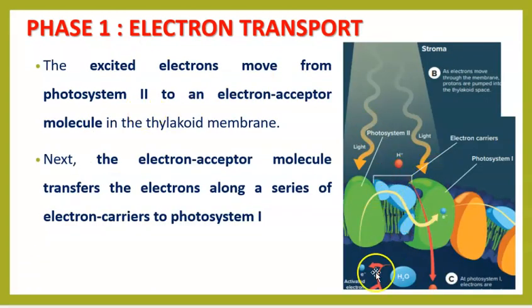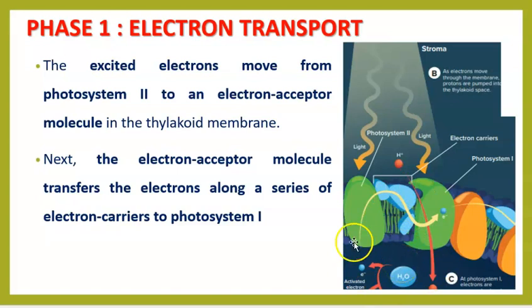The electrons which are activated go on moving from one electron acceptor to the other. And when they are doing that, the protons, or H plus, are continuously pumped into the thylakoid space, this space.